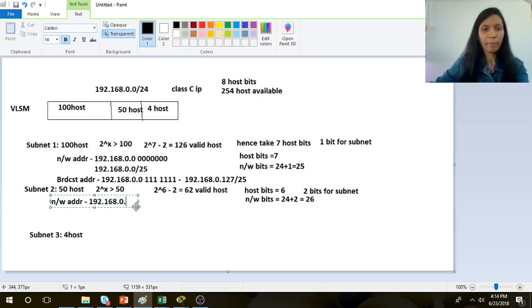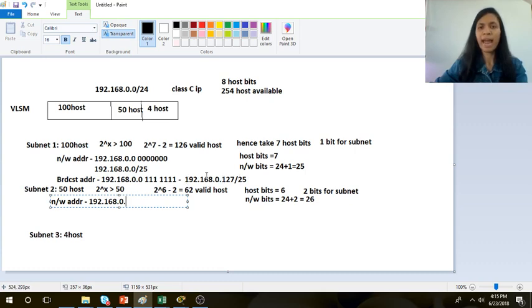Now remember that you have already used 192.168.0.0 up to 192.168.0.127. So this is already used. You cannot use addresses from this range again, otherwise there would be an address overlap, which is not allowed. You can use addresses only after this broadcast address.